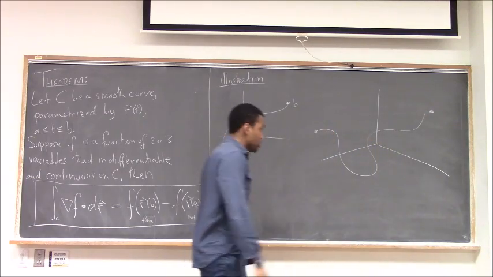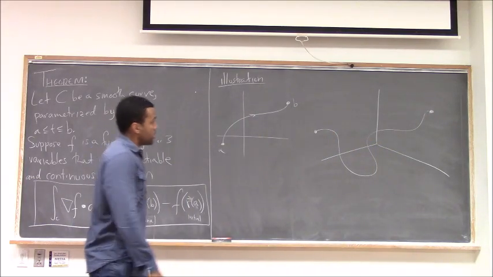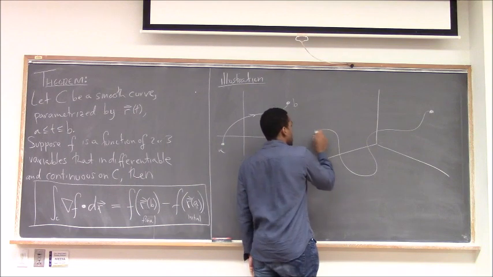It's a smooth curve or a piecewise smooth curve, where this is the point A and that's the point B.